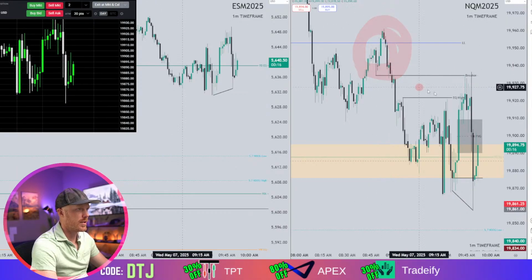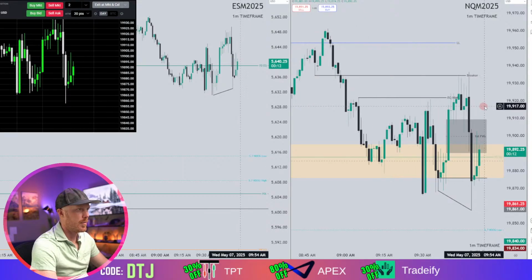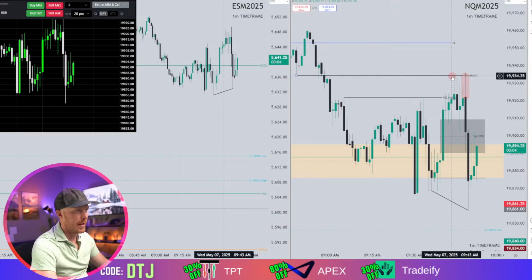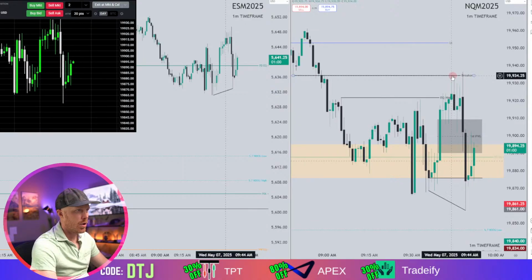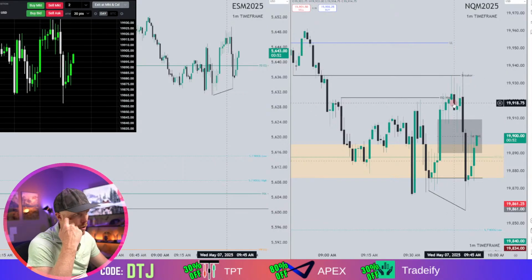That actually looks decent. But the way it played out, I wouldn't have wanted to be in there anyway. It probably would have stopped me out. If I got in it on this first wick right here at 944, I wasn't trading. That's why I didn't see it, because it was 944 and I didn't start looking for a setup till 945.